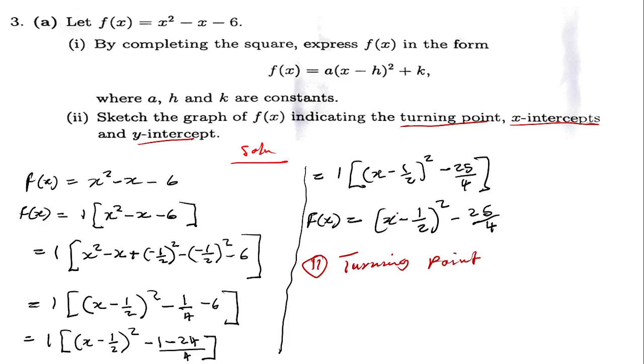That simply means that the TP, which is the turning point, is half comma negative 25 over 4. Half comma negative 25 over 4.